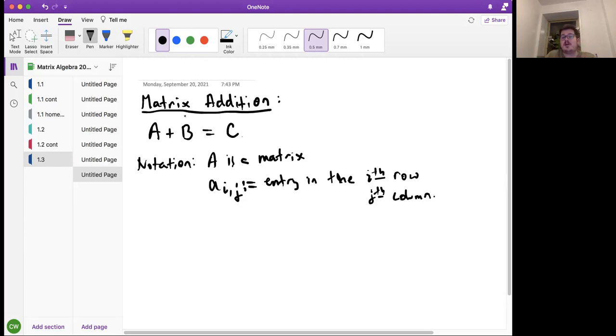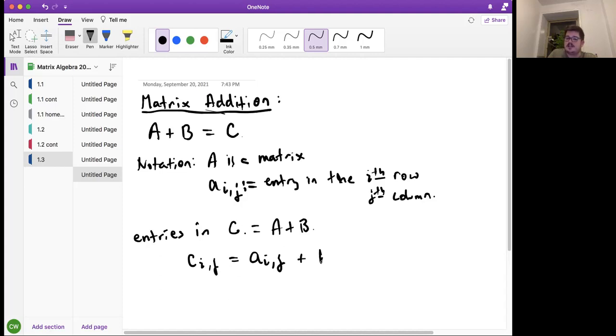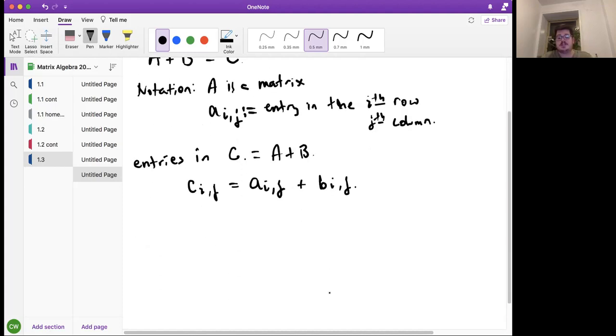So if I want to talk about the entries in C, which is equal to A plus B, the ijth entry in C will be defined to be the ijth entry in A plus the ijth entry in B. And that's how we're defining matrix addition.